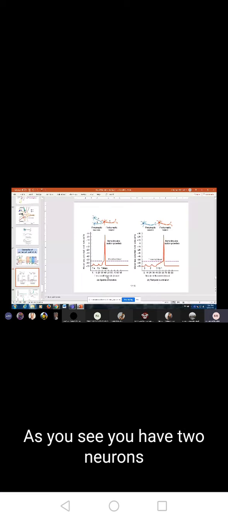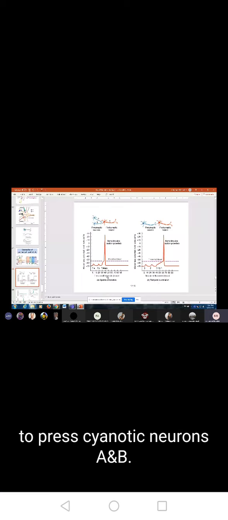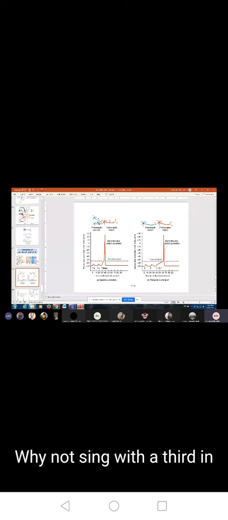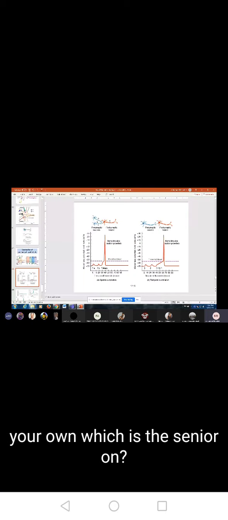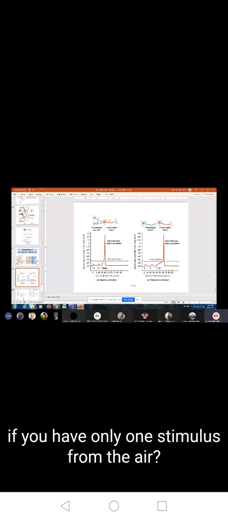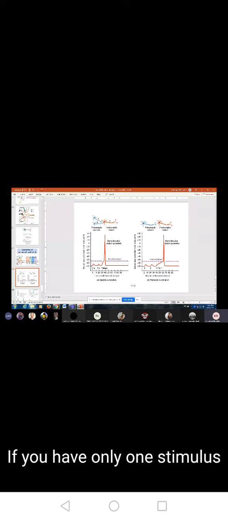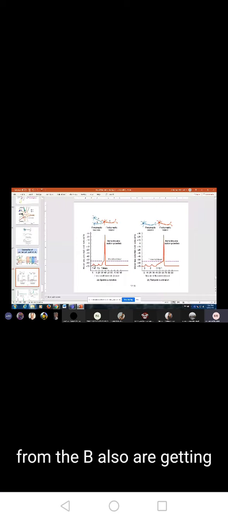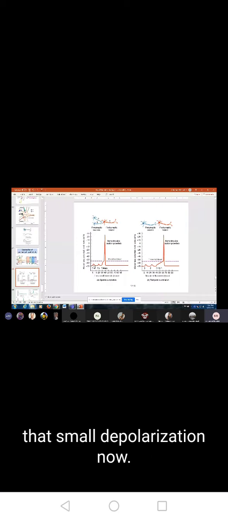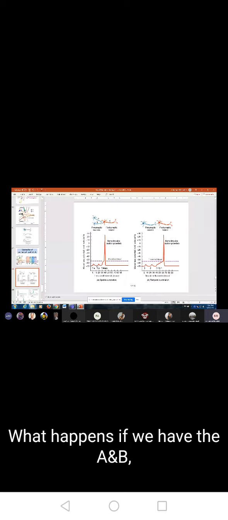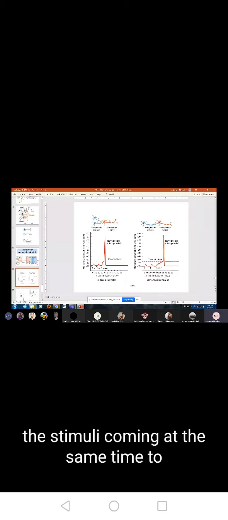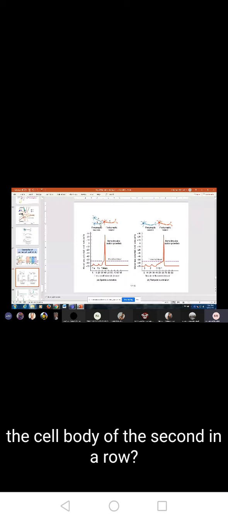As you see, you have two presynaptic neurons, A and B, synapsing with a third neuron, the C neuron, for example. If you have only one stimulus from A, you are getting a small depolarization. If you have only one stimulus from B, you also get that small depolarization. Now, what happens if we have the A and B stimuli coming at the same time to the cell body of the next neuron?